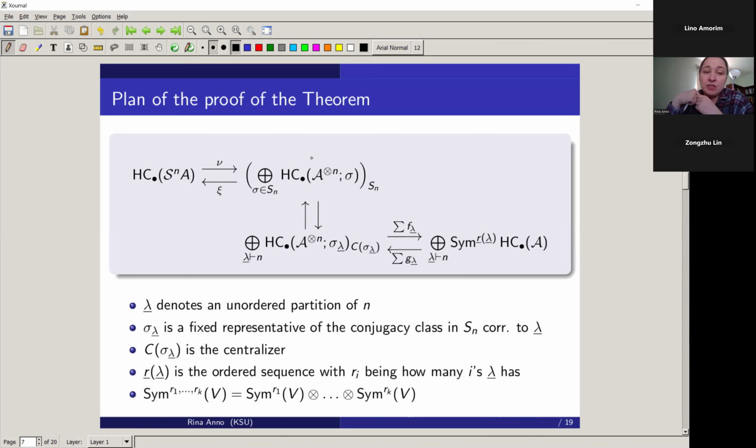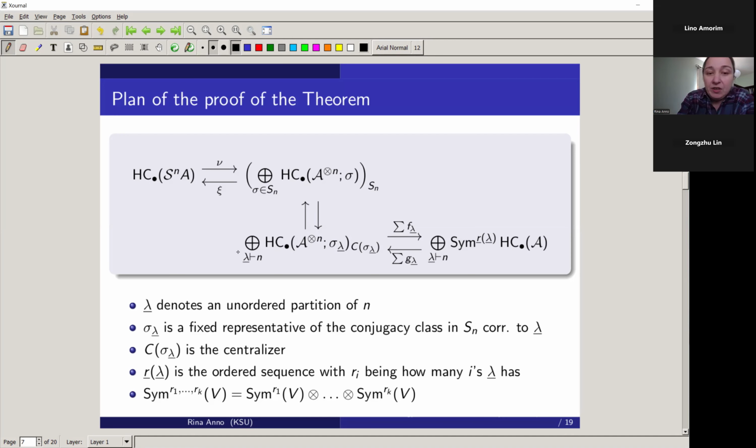And then, these are all chain maps between Hochschild complexes. So they are homotopy equivalences rather than isomorphisms. So it's an isomorphism on the cohomology. And the two vertical lines are just some technical manipulations with Hochschild complexes.